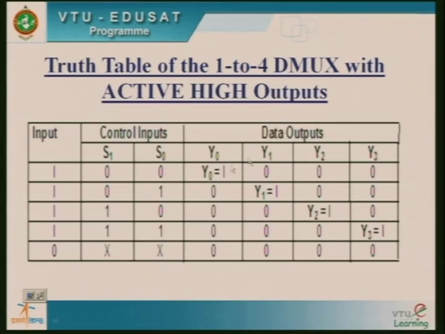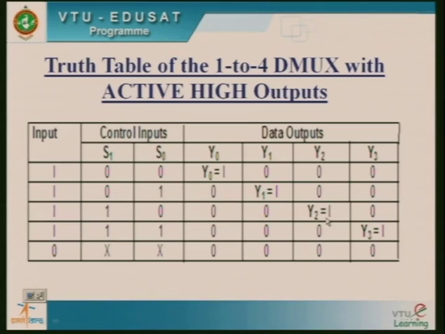When the control inputs are 0 0, whenever I am applying the input over here, we have 4 outputs, Y0, Y1, Y2, Y3. At a time one of the outputs is high. So when I give 0 0, Y0 is high. When I give 0 1, Y1 will be 1. That is nothing but whatever input you are sending, that is sent at the output side.